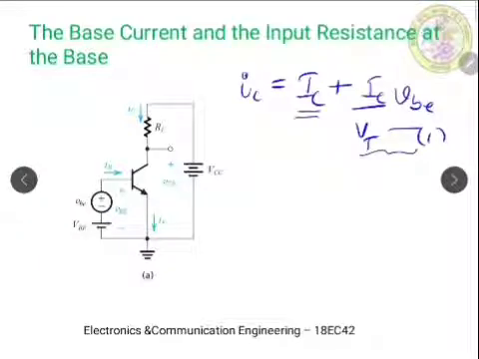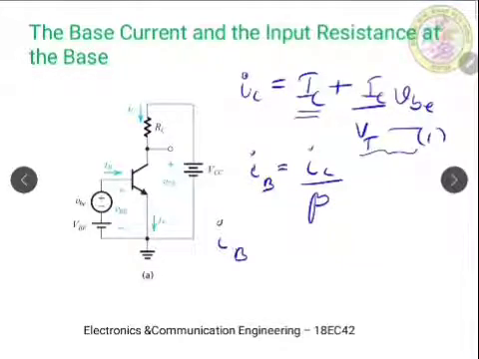Now using this iC it is possible to write iB, because we know the relation for the base current: iB equals iC by beta. Substituting equation 1, we just divide the above equation by beta.